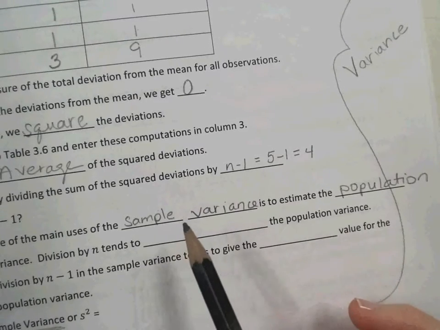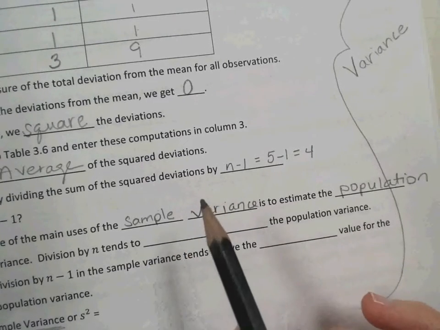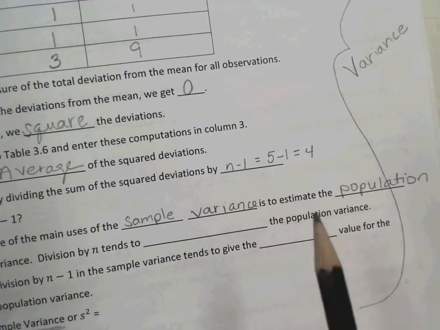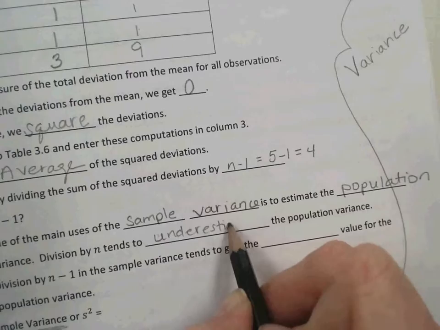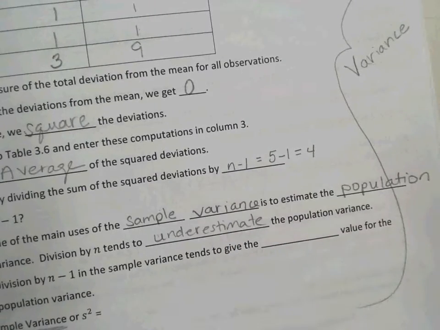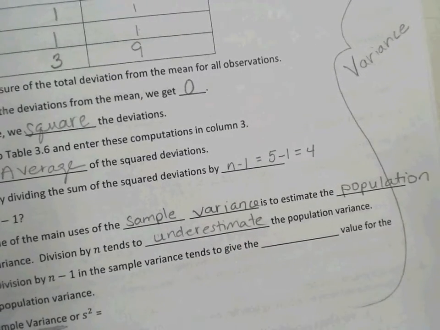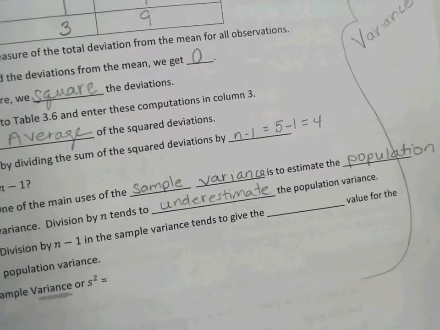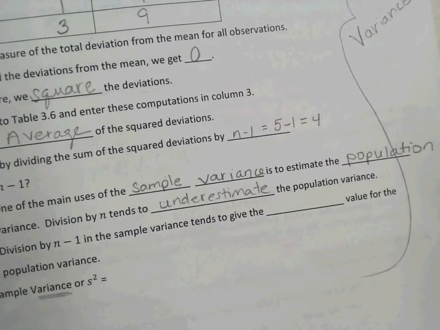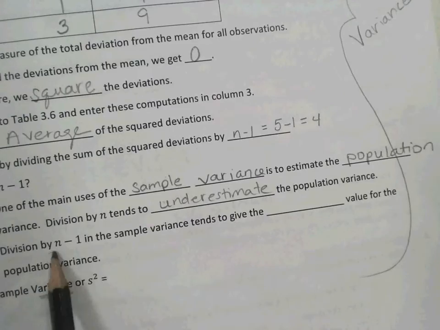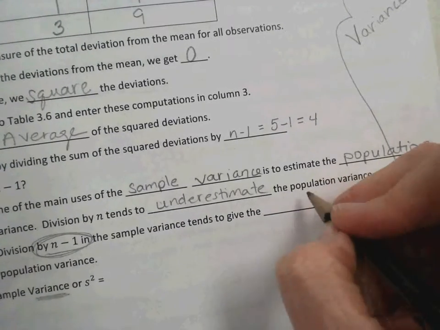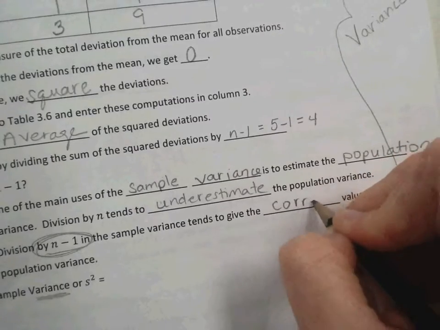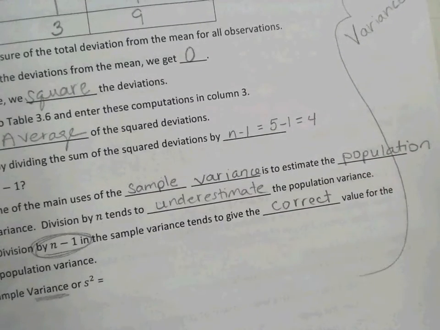When we just divide by n, which we tend to do when we find an average, it tends to underestimate the population variance. So when we're finding a sample variance, we divide by n minus 1 so that it gives us a more accurate, the correct value for the population variance.